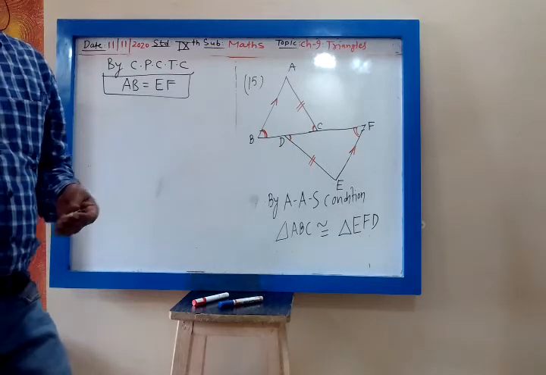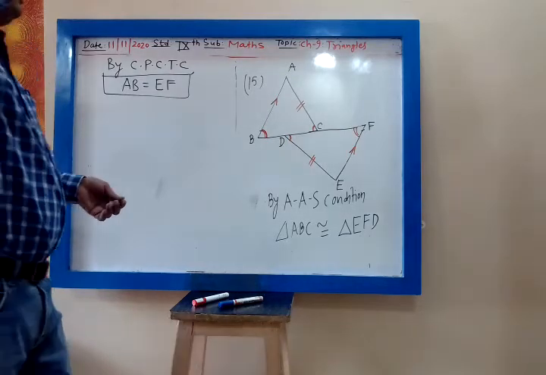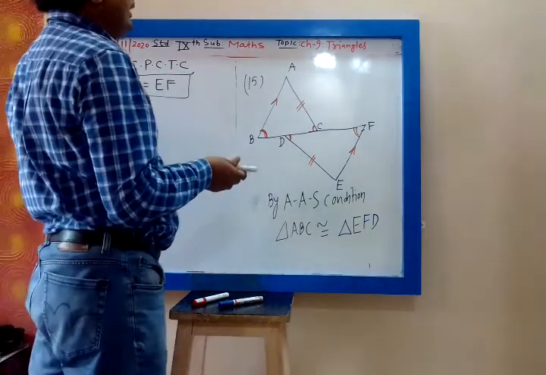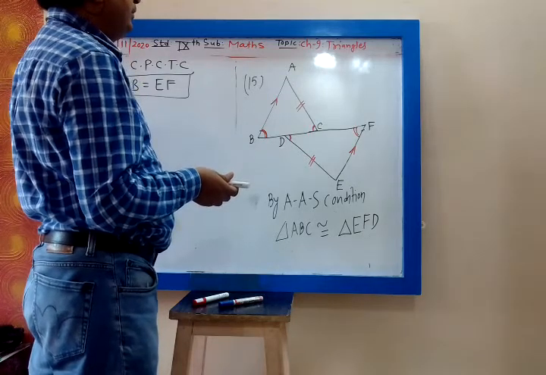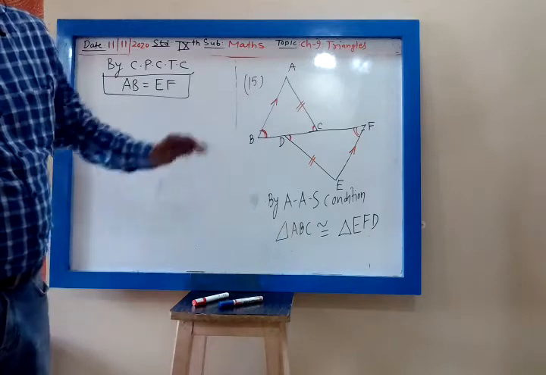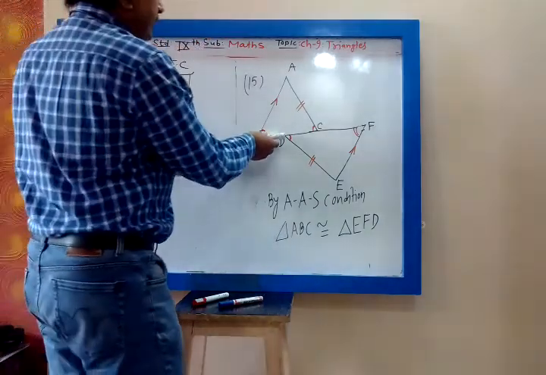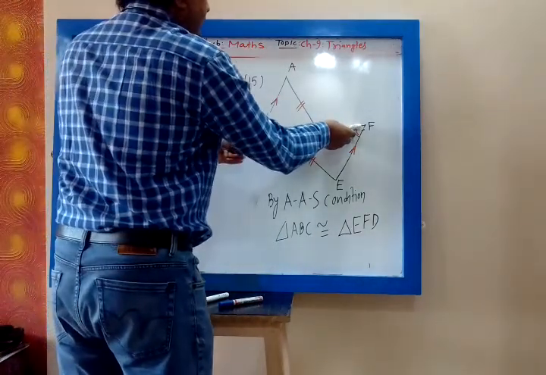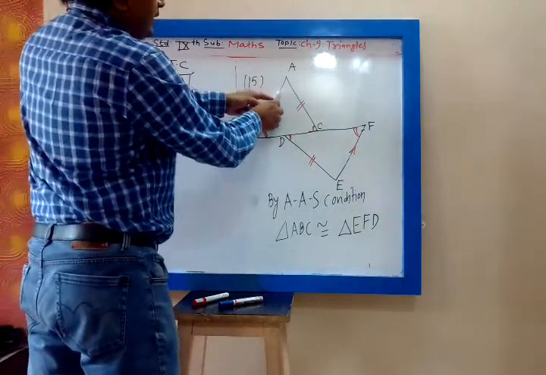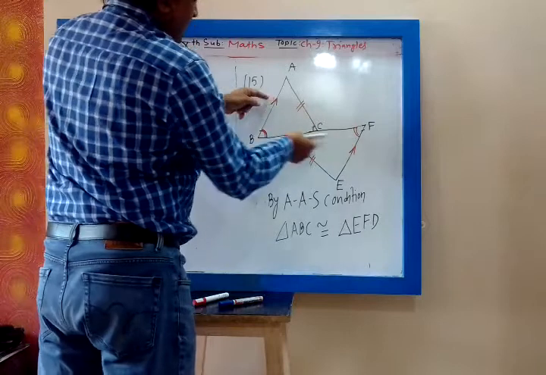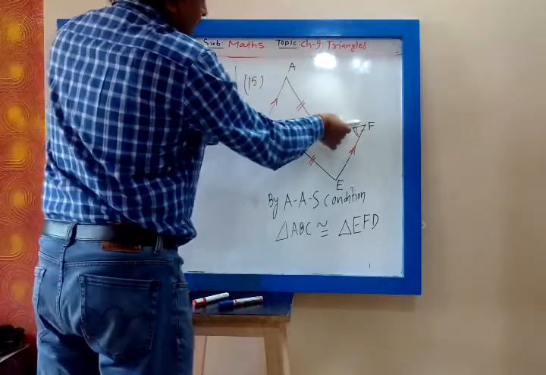Now second part. BD is equal to CF. So where are BD and CF? What is given? BD is equal to CF. So now again by CPCTC, this side will be same as this side, and this side will be same as this side.